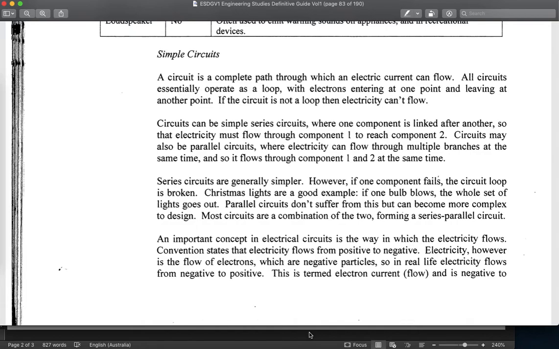I will probably talk about this a little bit later. But the idea is that if you have Christmas lights in series, if one light burns out, the whole thing is no good. Whereas if you have things in parallel, we can switch off an individual one, and it's also more efficient, as in we just get more energy out of circuits that are in parallel.